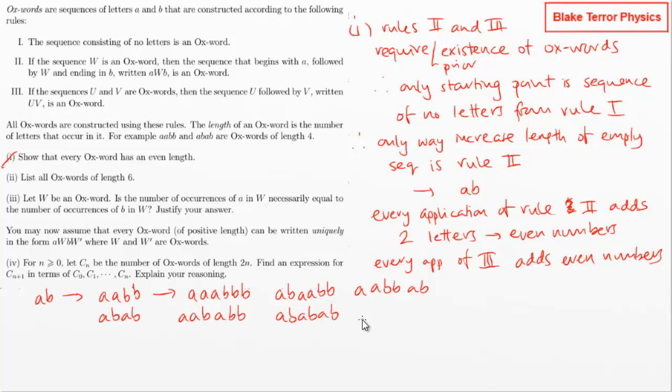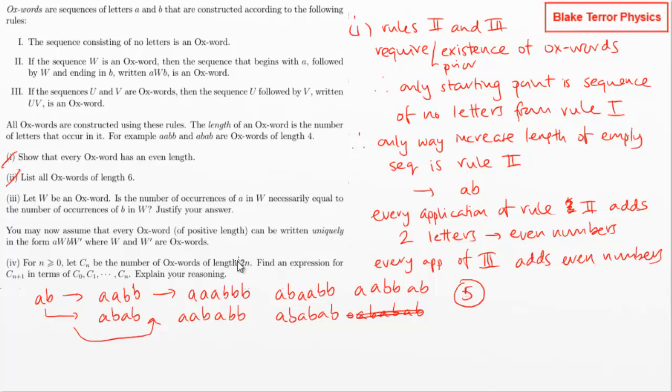And then we can't have ABABAB again because that's duplicating this one. So that would give us a duplicate, wouldn't it? Because if we follow that all the way through, we'd just get ABABAB, which is the same as this one. Whether we put that AB at the start of this one or at the end, we get the same string. So let's get rid of that. List all Oxwords of length 6. So that's those 5 of them.